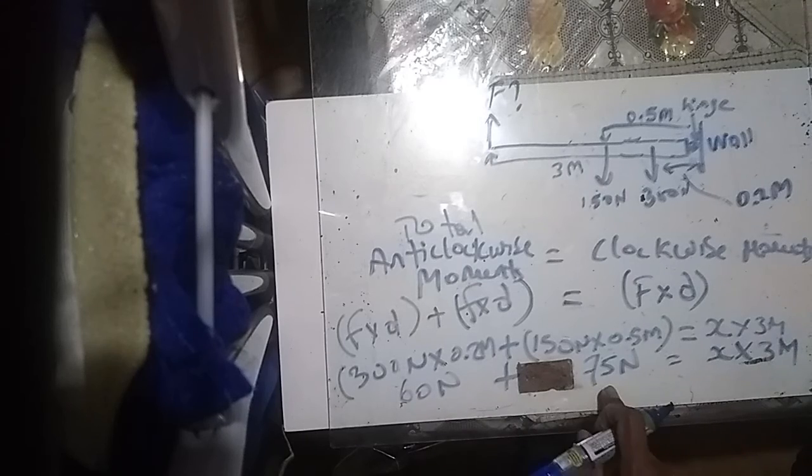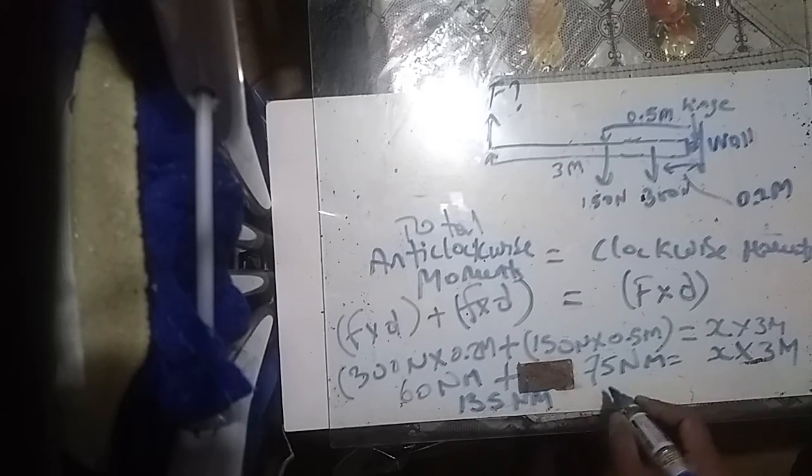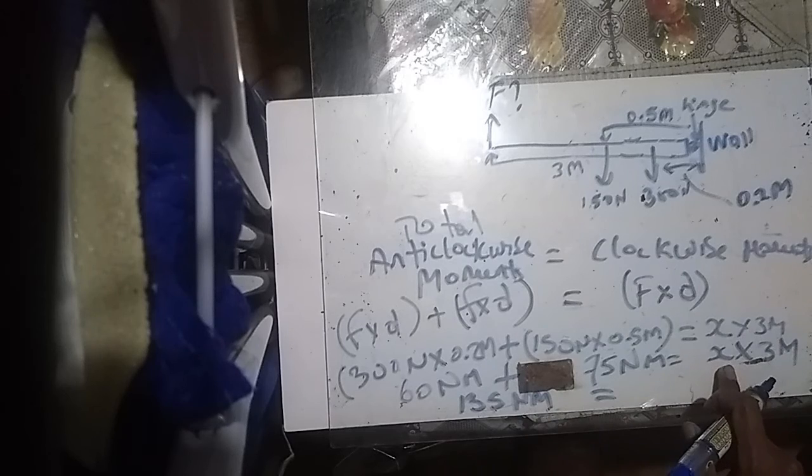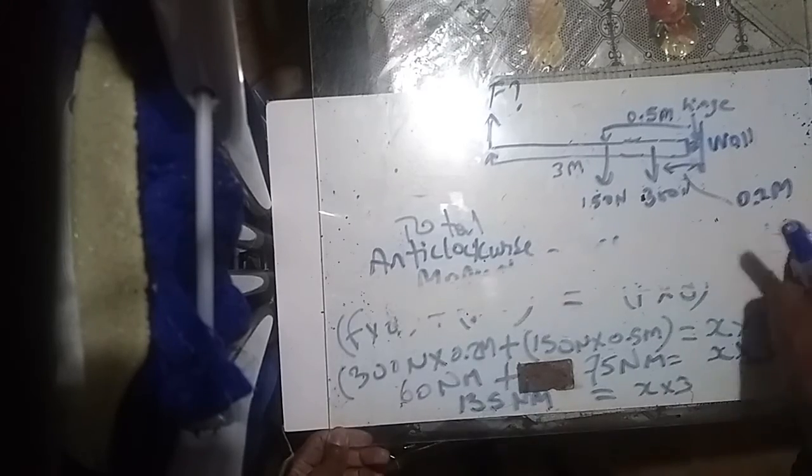Now 60 plus 75 is equal to 135 Newton meter, right? So 135 Newton meter is equal to x times 3. Let me erase this, get more space.